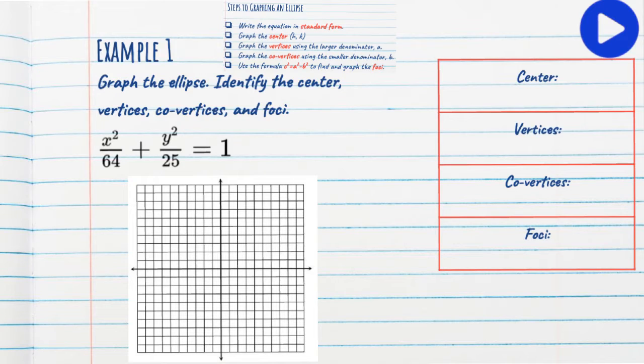And if you remember from your notes earlier, we can look at the first denominator. If the first denominator is larger than the second denominator, then the ellipse is horizontal. So since 64 is larger than 25, this is a horizontal ellipse.